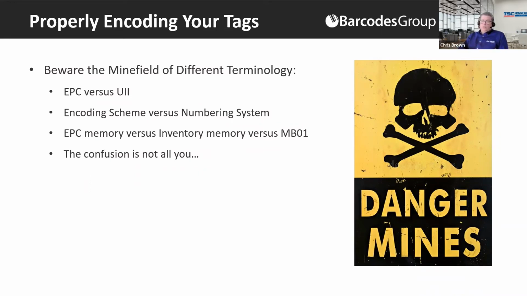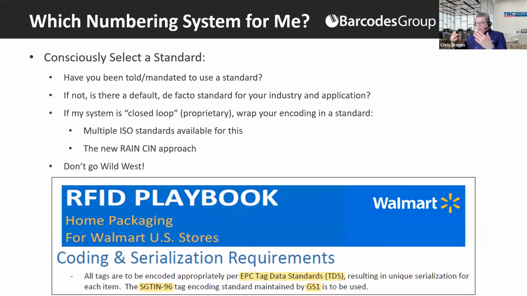Sometimes one document will use one term and a different document will use a totally different term for the same meaning. And sometimes they'll use the same terms to mean different things. So it's really a minefield out there, but this is what Barcodes Group can help you with, sorting out the different terminology. So don't try to go it alone. Call in the experts, for example, at Barcodes Group. Next slide, please.